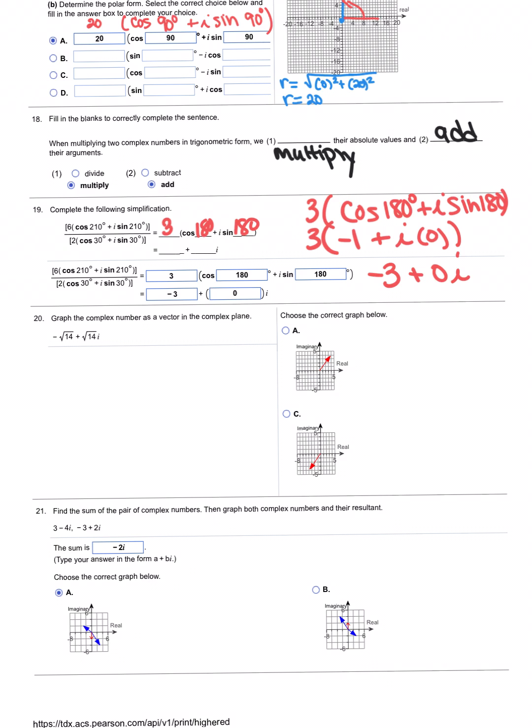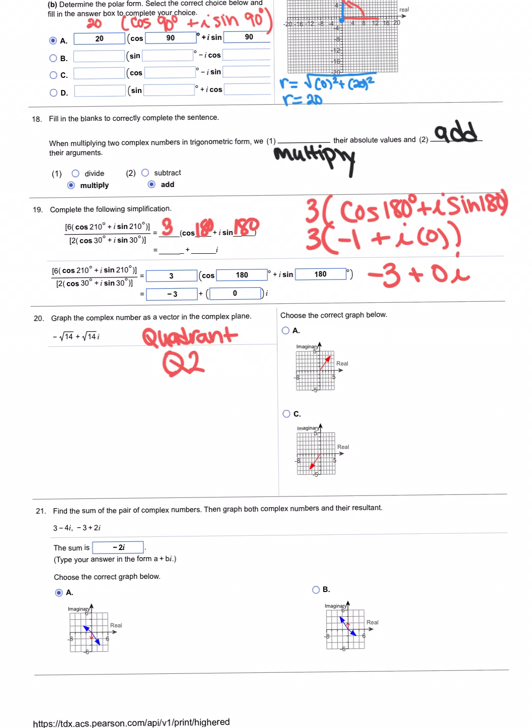Number 20, we want to graph the complex number as a vector in a complex plane. So we have negative square root of 14 plus square root of 14i. We know that this is in quadrant 2. And the reason why we know it's in quadrant 2 is because x is negative, y is positive, and then we can find the angle as well.